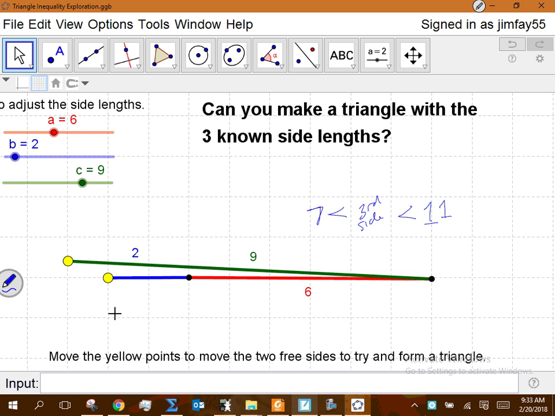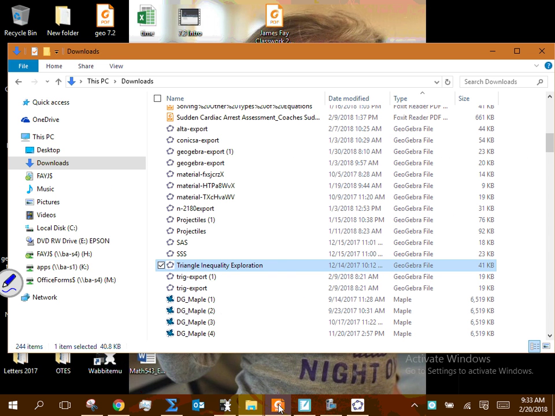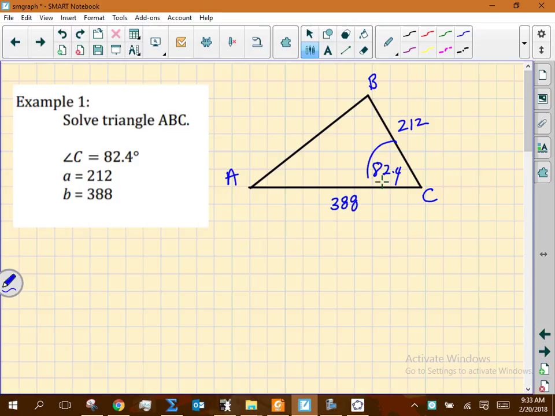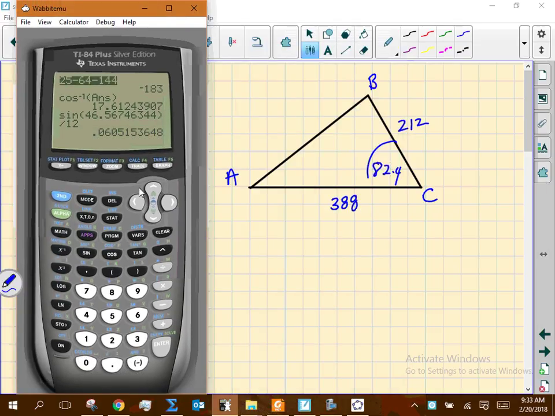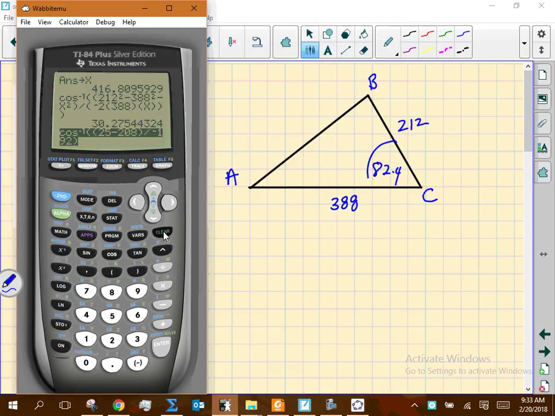Does that make sense? So I don't get a triangle there. So the reason I bring that up is I think it's important for us to look at the values here of 388 and 212 and to know that when I'm done, my value of my third side should be in the range. Let's clear all this junk out.